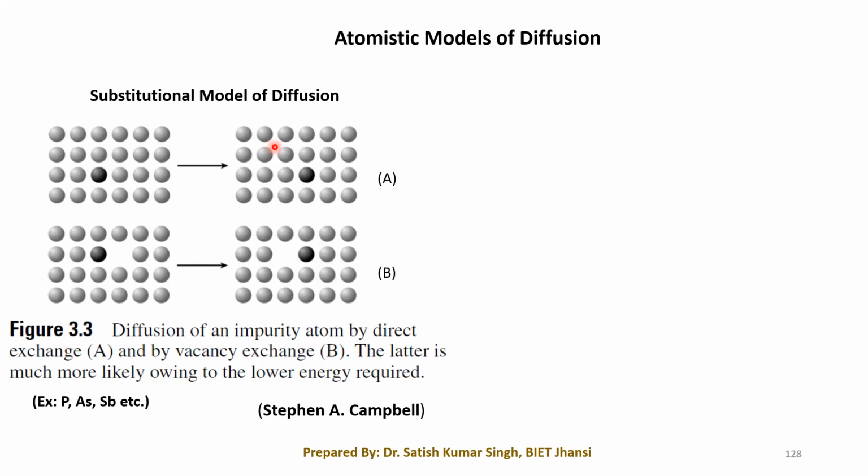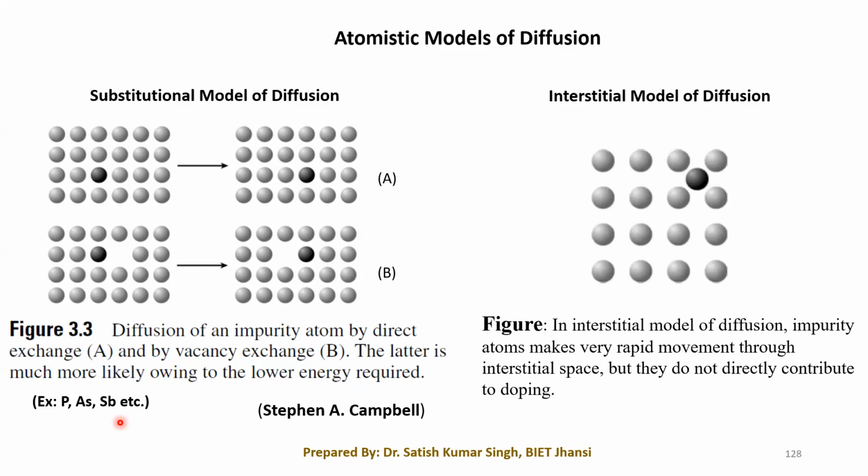Our next model: you can see the example. The substitutional impurities are phosphorus, arsenic, and antimony. Whenever we add such impurities, they are going to diffuse through the material using this substitutional model. Now we can see the interstitial model.